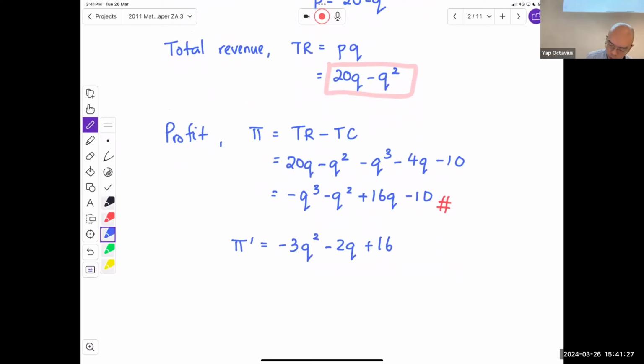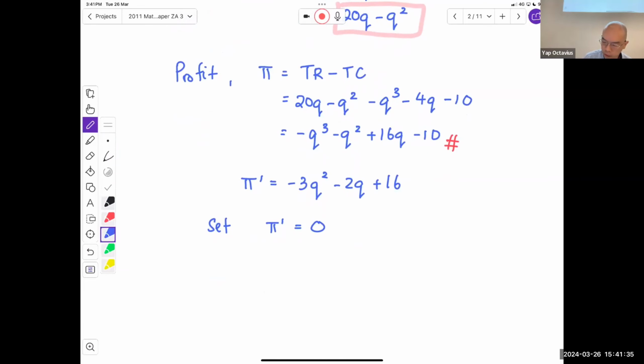Okay, so we set this to 0. Now, once you set to 0, you get 3Q squared plus 2Q minus 16 equals 0.